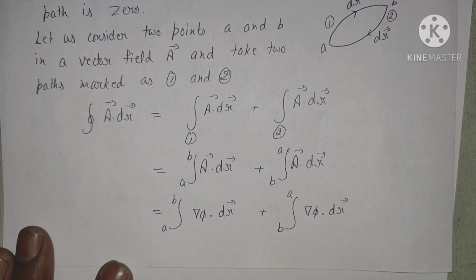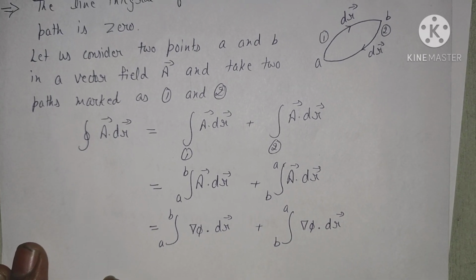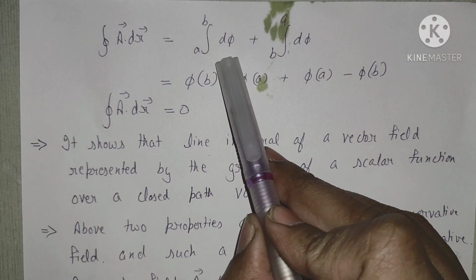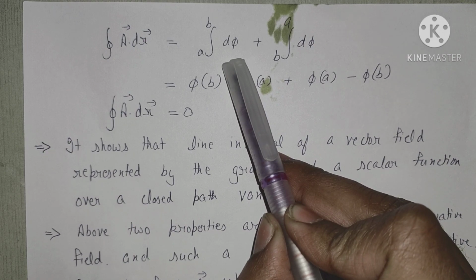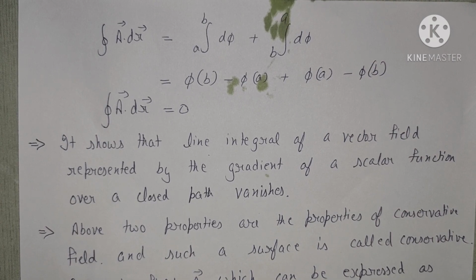So the value of A vector is put in this equation. So A is equal to del phi dot dr vector, same limits, plus del phi dr from B to A. As we use the previous equation, which is d phi equal to gradient of phi dot product with dr vector, we use d phi in place of gradient of phi dot dr vector.